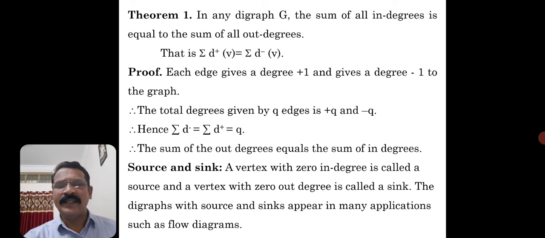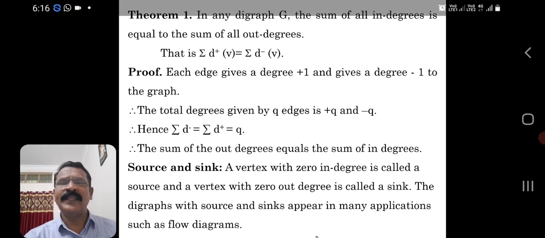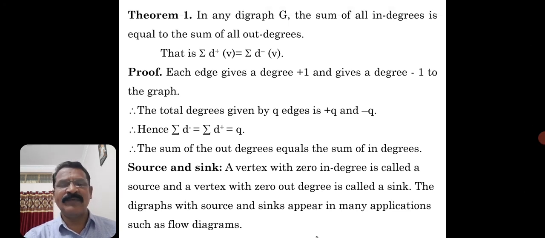So if there are Q edges, for one edge it is plus 1 and minus 1; similarly for Q edges, it will be plus Q and minus Q. Obviously, if you add the summation of d plus and the summation of d minus, both will be the same, equal to Q.